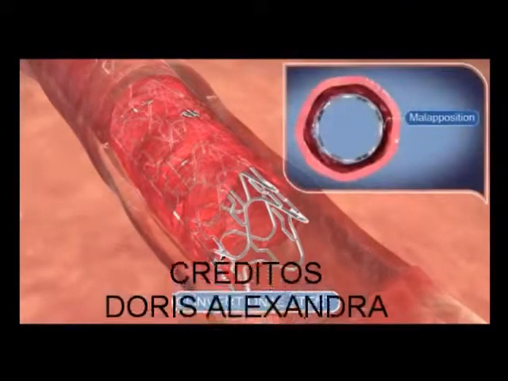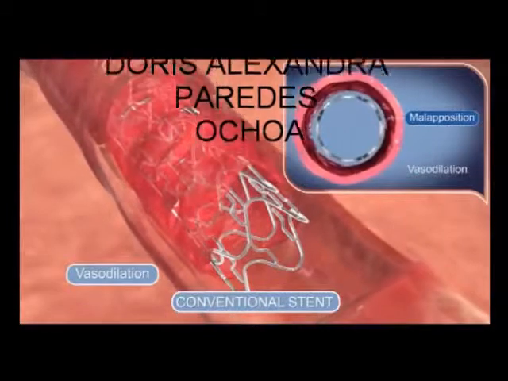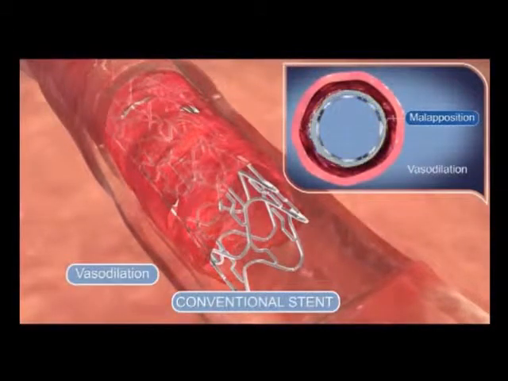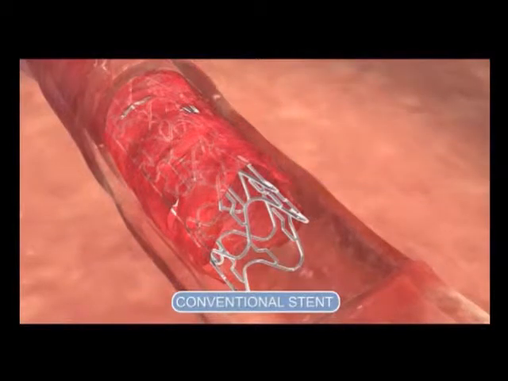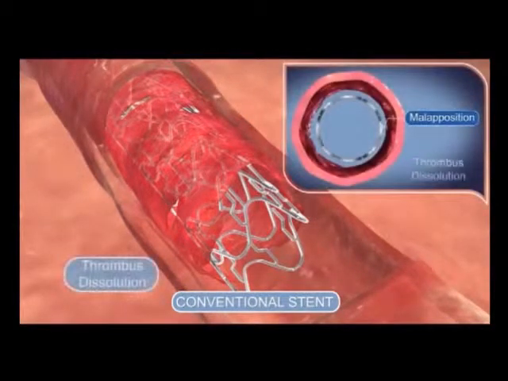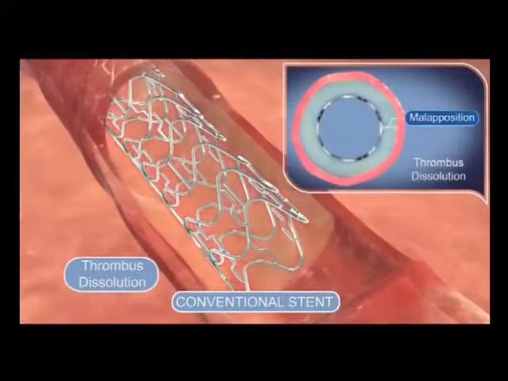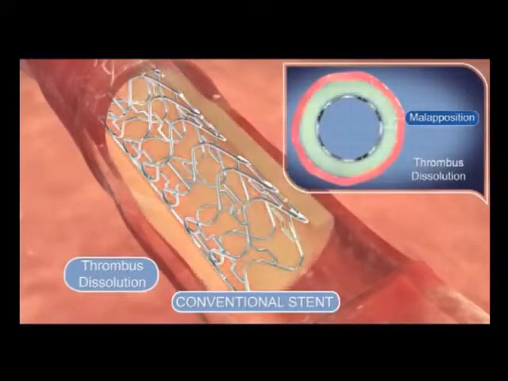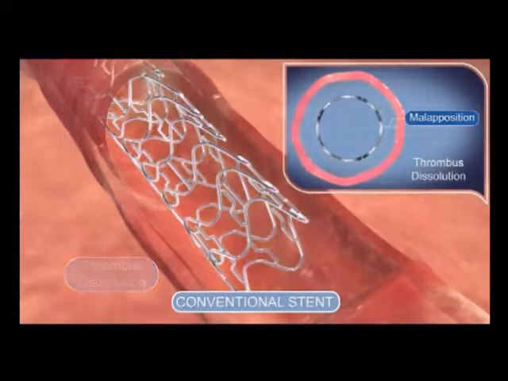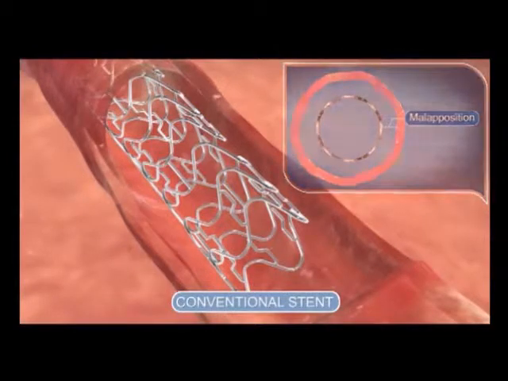Second, as the vessel relaxes, vasodilatation increases, resulting in further expansion of this gap. And finally, as thrombus dissolves over time, the gap between the struts and the wall becomes even larger, and hence increases the stent's malapposition.